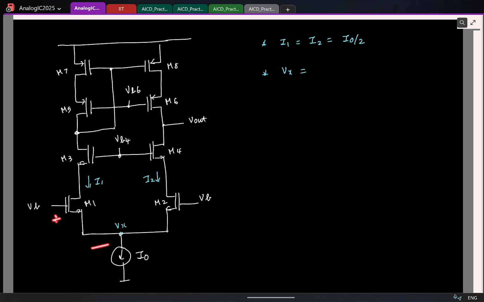So which means, what is Vx now? It is the gate voltage VB minus the gate to source voltage of, let us say, M1 or M2 at a current of I0 by 2. Right? The same thing as we saw in the 5 transistor OTA, no change.